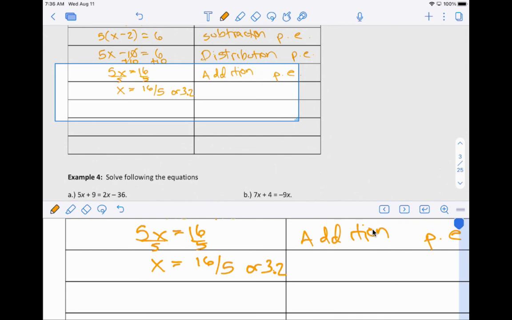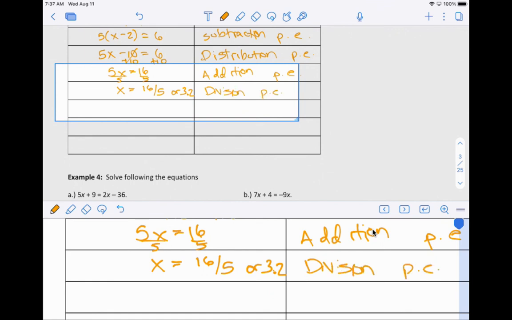Decimals are beautiful. Decimals are used every day. Decimals are used for money. We love money. But if it's not a terminating decimal, it just gets a little tricky to write. So if you end up getting something like 1/3, please keep it as 1/3. Don't write 0.3. It could change your answer later on. In this case, either one is fine: 16/5 or 3.2. And that was the division property.